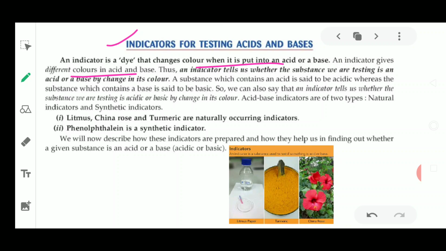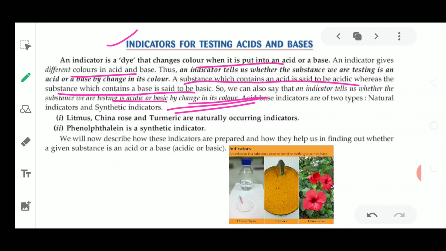A substance which contains acid is said to be acidic, whereas a substance which contains a base is known as basic. Now please remember, how is this indicator indicating that a substance is acidic or basic? By changing its color, as it is a dye.